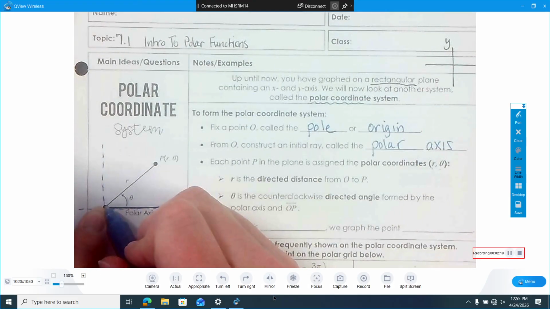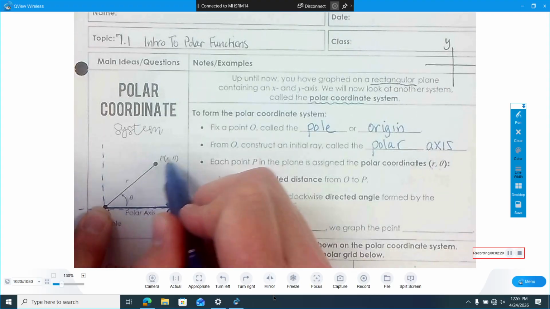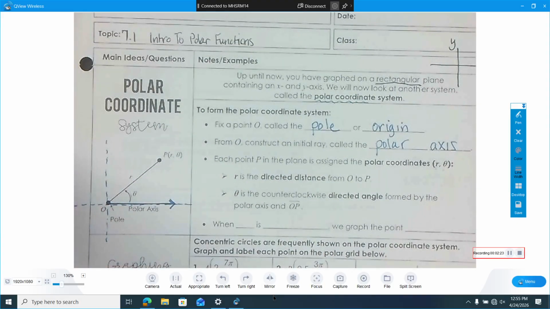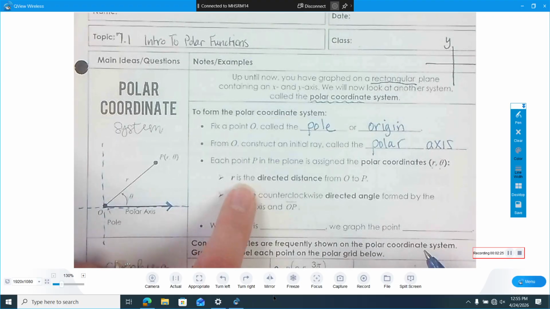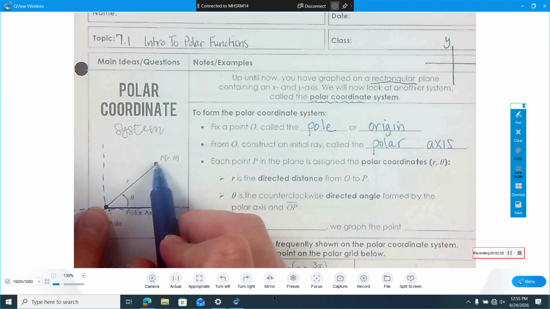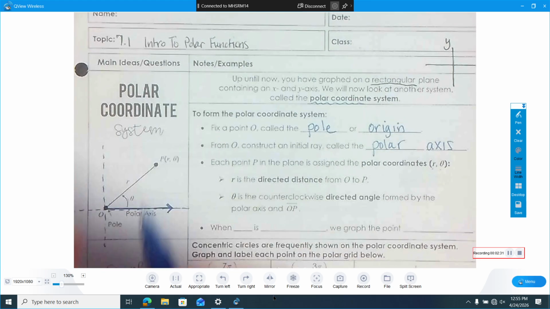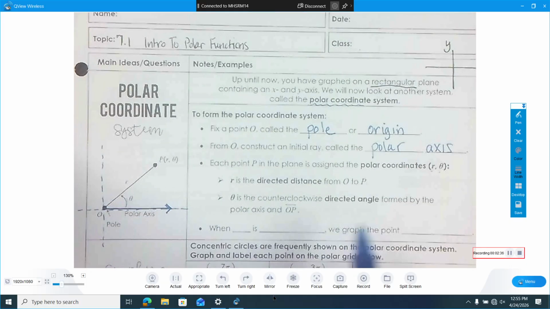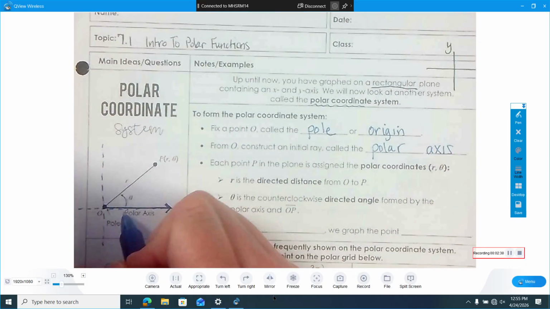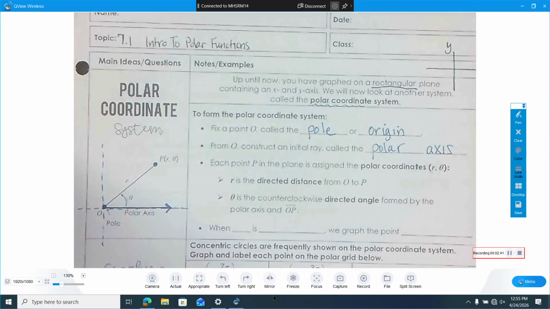So we've gone a certain distance towards that angle. r is the directed distance from the origin to point P, so it is a distance, like a radius. And theta is the counterclockwise directed angle formed. We typically go counterclockwise, just like we would normally open up our angle pi over 4, pi over 3, pi over 2. So we're basically opening up an angle and then going out a certain distance, the radius.